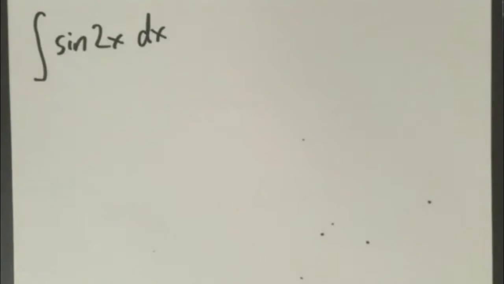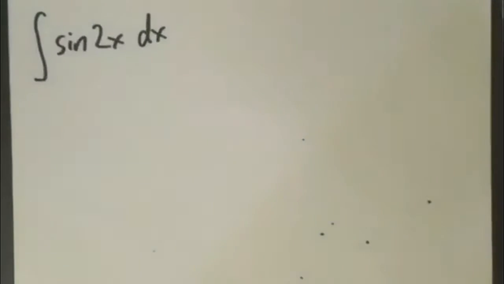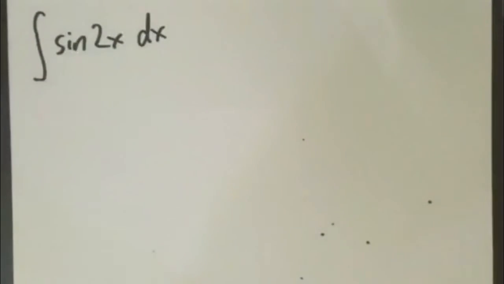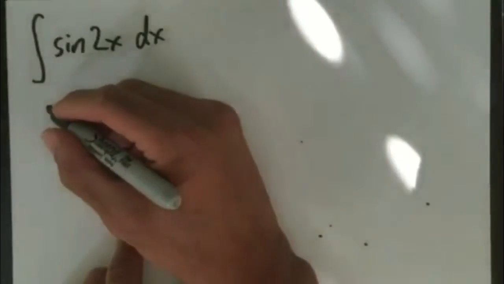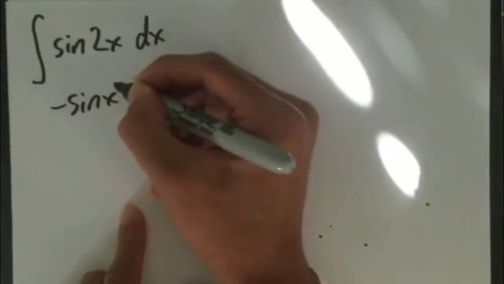Alright, so let's try a trig problem. So at first, you may not know where to start, and that is okay, but try to use what you know. And a good start might be trying cosine. So I know that the derivative of cosine is negative sine of x.